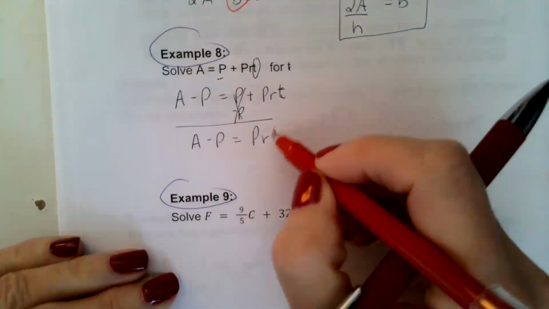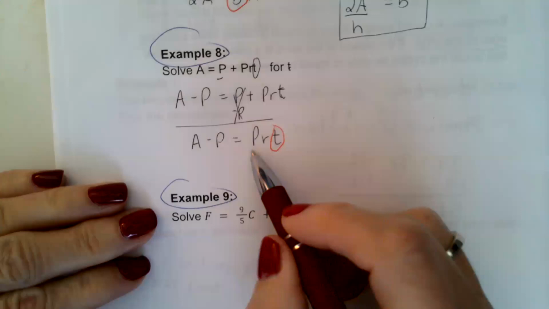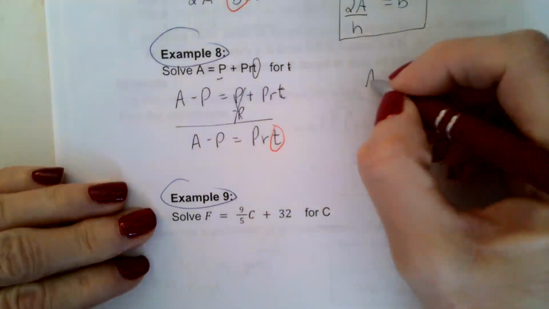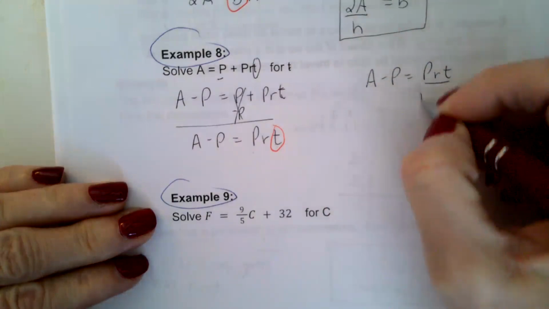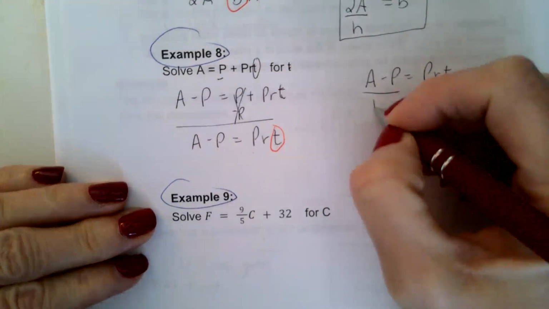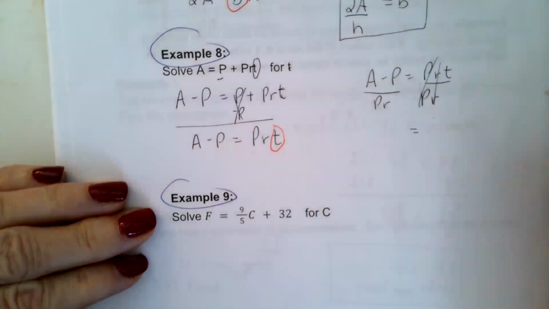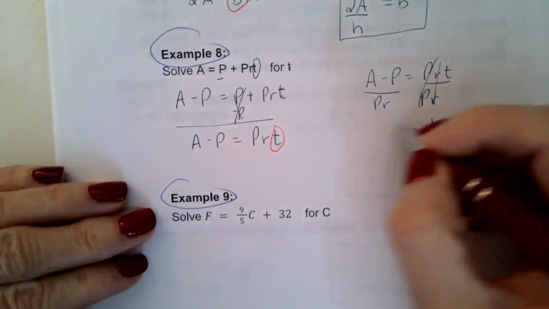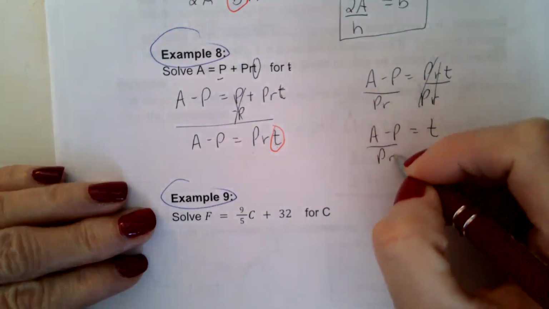And since I want to know what T is, I'm going to divide by P and R. So P and R cancel on the right. So we have T equals A minus P over PR.